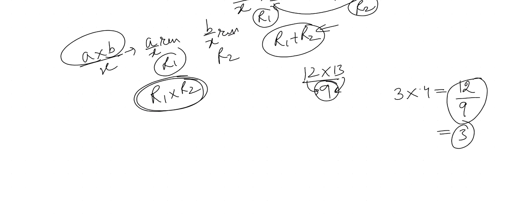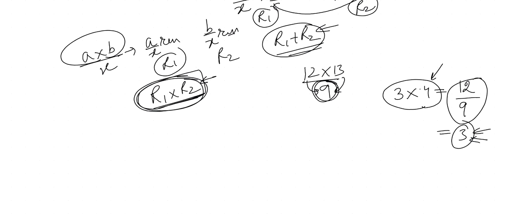So if the addition of remainders or product of remainders comes out to be bigger than the divisor, it might happen. Then you divide it once more by the divisor, and that will give you the final remainder eventually. We are multiplying the individual remainders, we are adding the individual remainders. It might happen that the product of the individual remainders is more than the divisor itself, as is the case here.